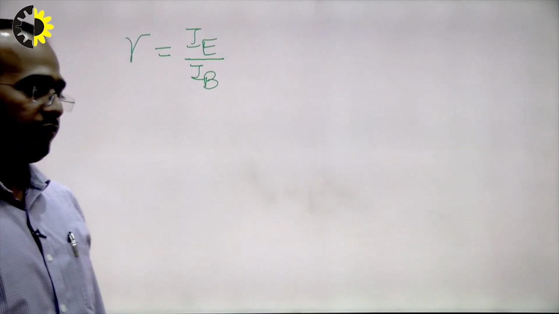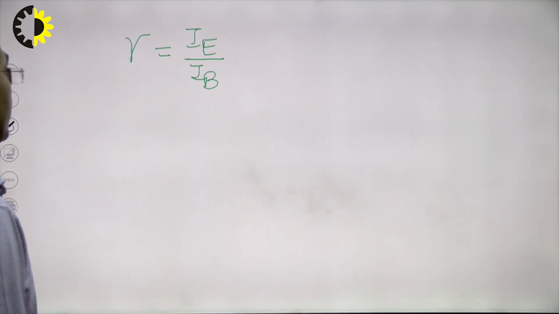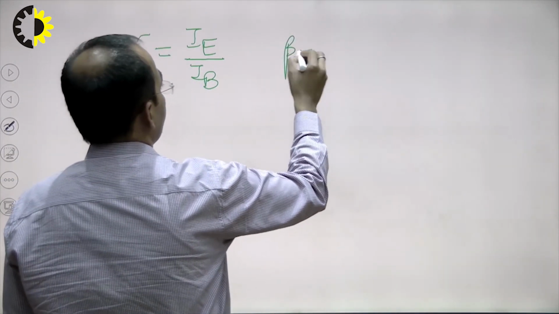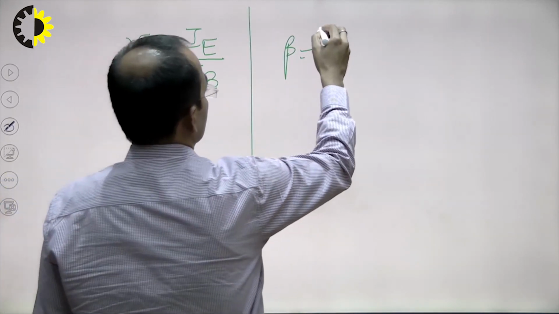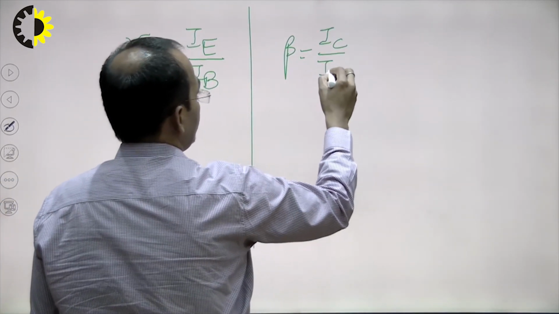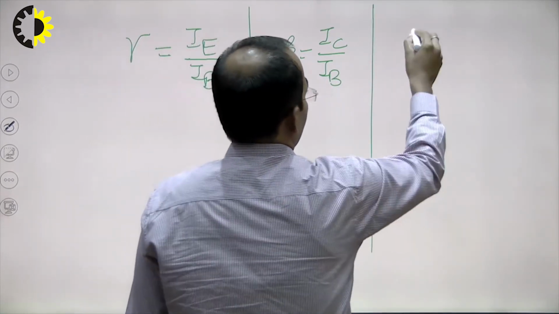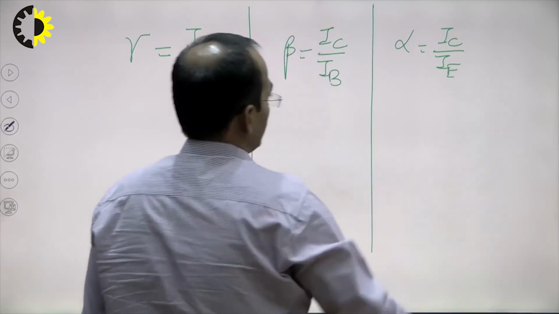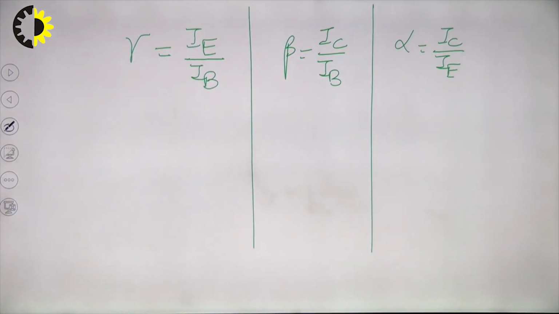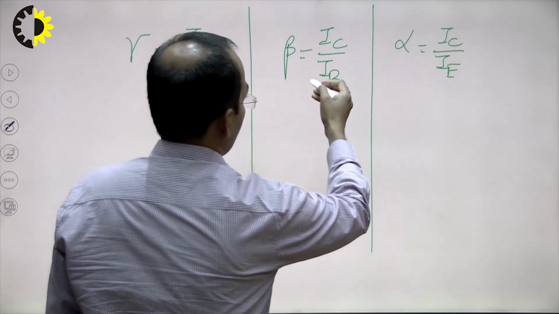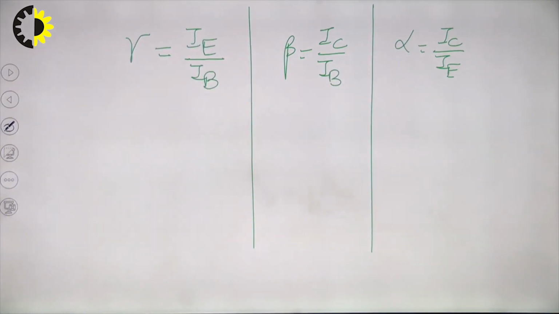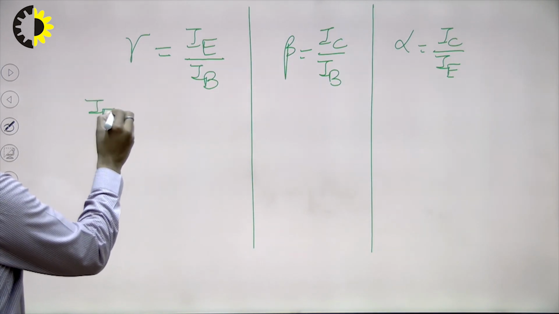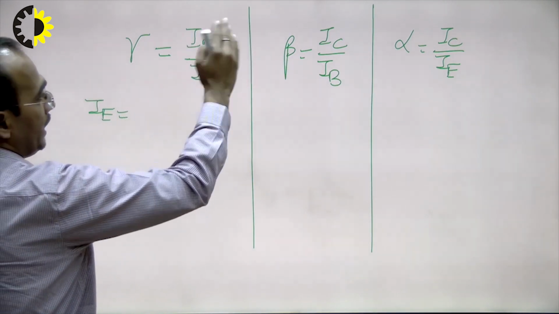This is the amplification factor of common collector configuration, and I have written the amplification factor for common emitter configuration and the amplification factor for common base configuration. This is for common collector, this is for common emitter, this is for common base.